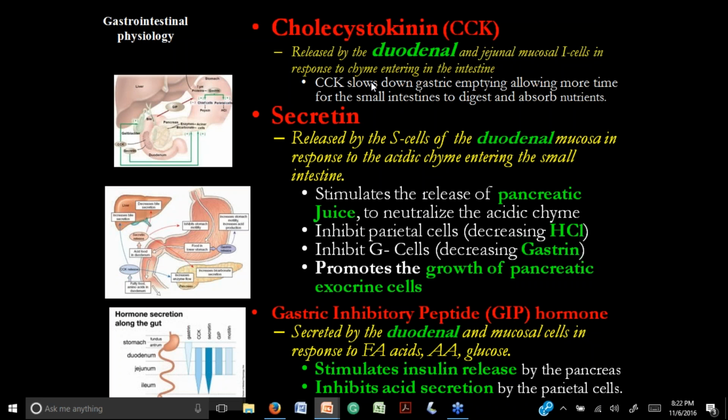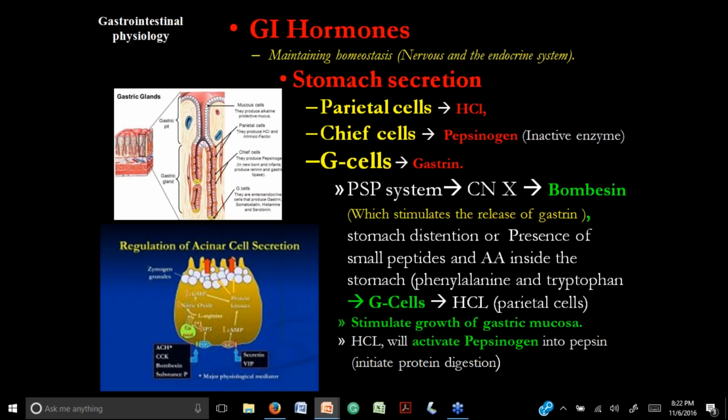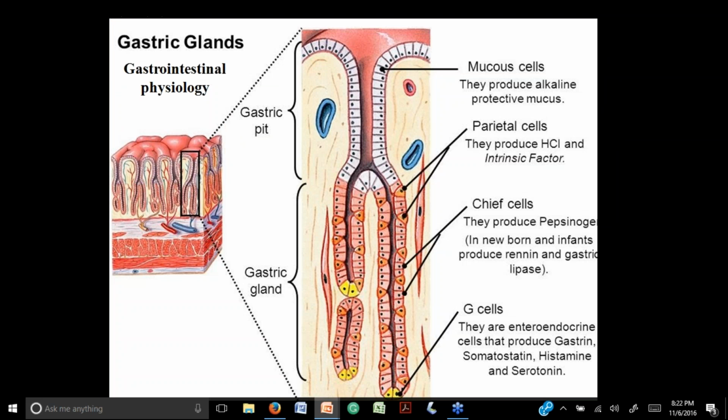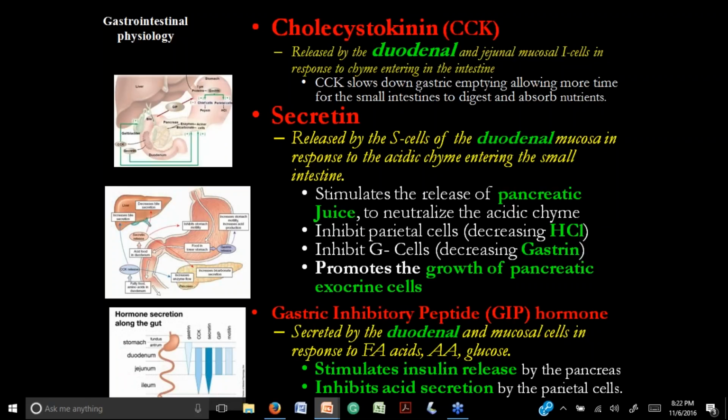All right, so let's keep going with the enzymes. We are going to talk about three main hormones. In the previous one, we talked about the stomach. Now it's time to talk about the duodenum. The duodenum, as you can tell, is the first portion of the small intestine, and there are three hormones that are going to have the main functions here.